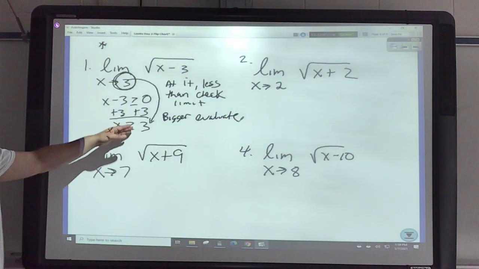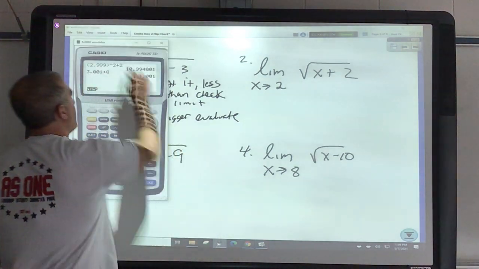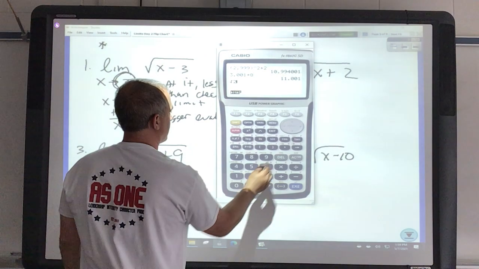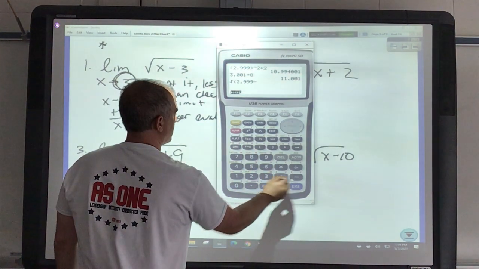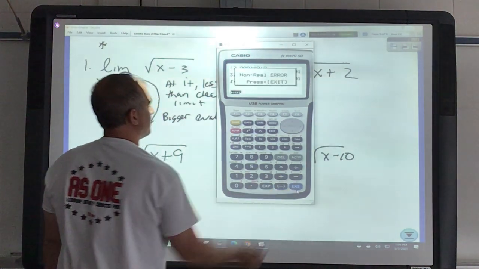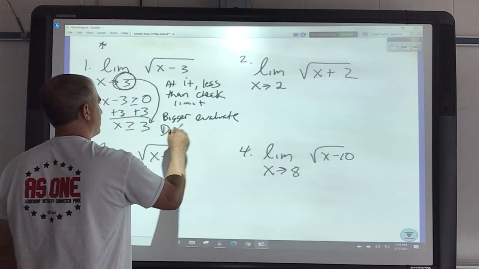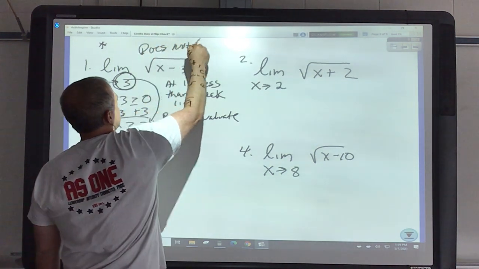Okay, so at 3, this is a problem here. The problem is when I put 2.99 in for this, because I got to check each way. 2.99 minus 3. Look what it tells me. It even tells me it doesn't have it, so this does not exist. So this answer is does not exist.